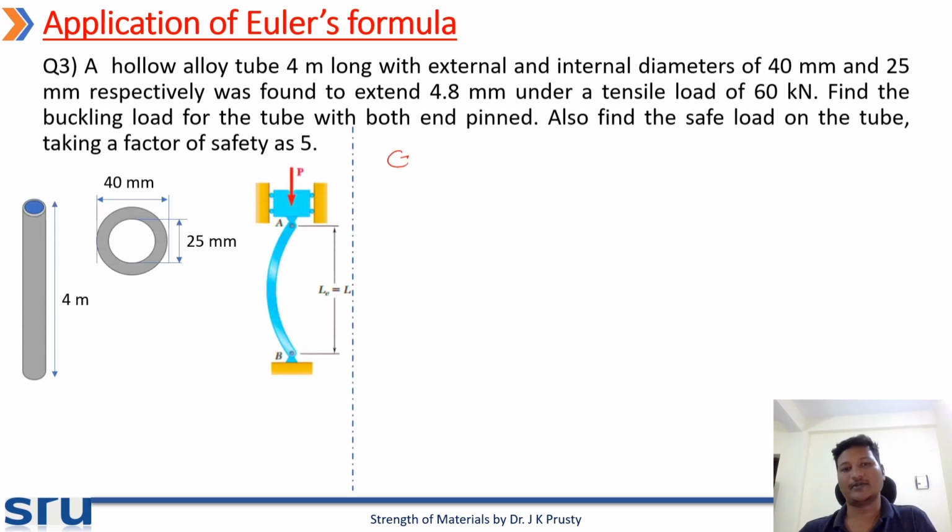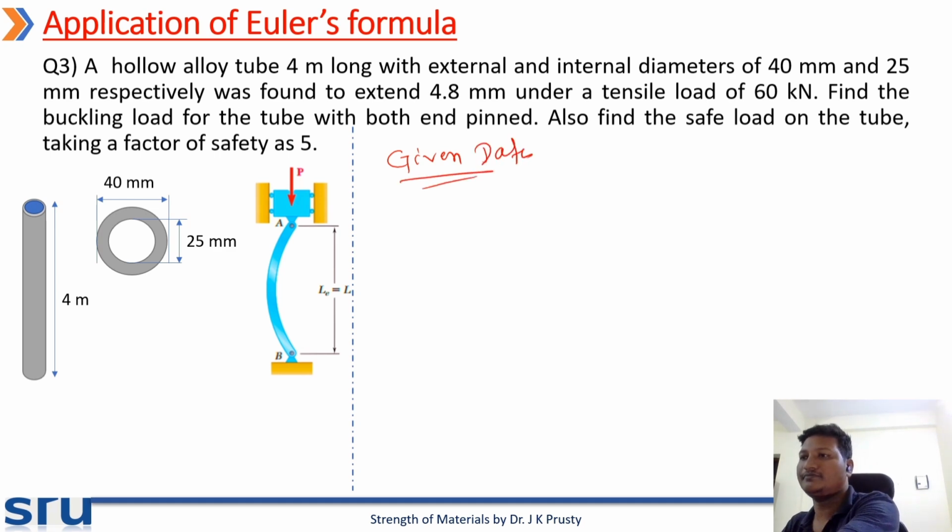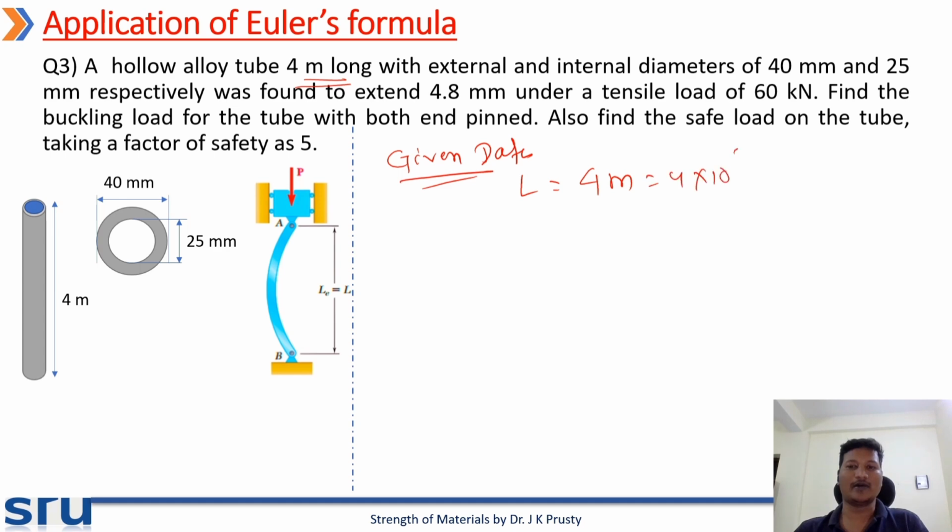You write the given data. So what are the given data? From the question, original length L is given 4 meter, 4 into 10 to the 3 mm.